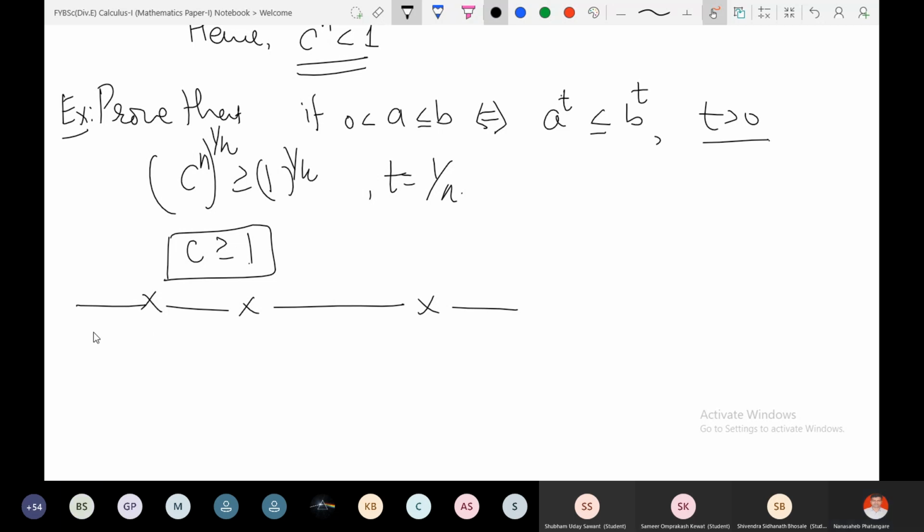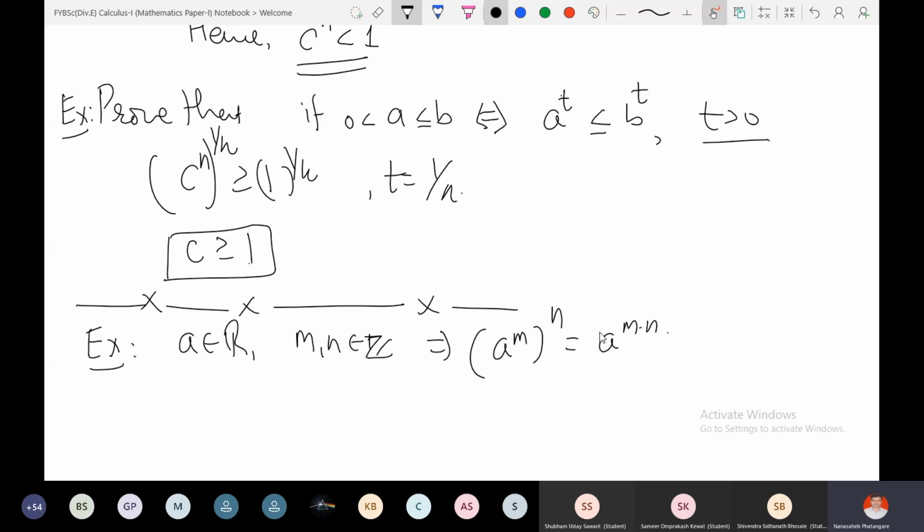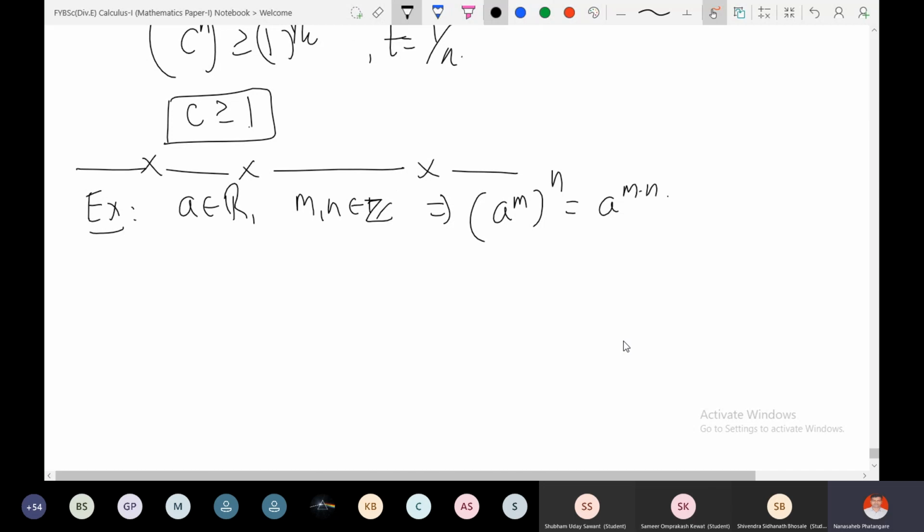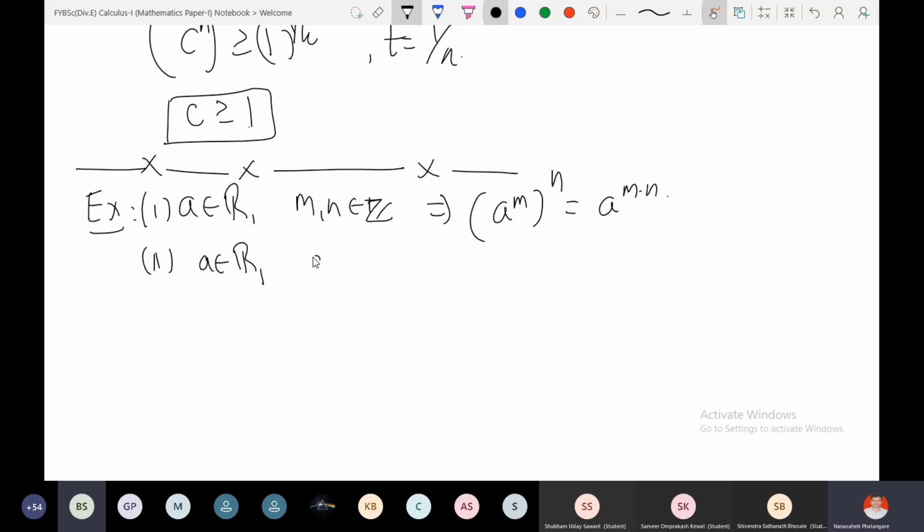For example, if a is a real number and m and n are integers, then a to the power m to the power n is a to the power m into n. So prove this, because you use it on several occasions in school, right? Also, if a is a real number, prove that a to the power m into a to the power n is a to the power m plus n. So prove this.